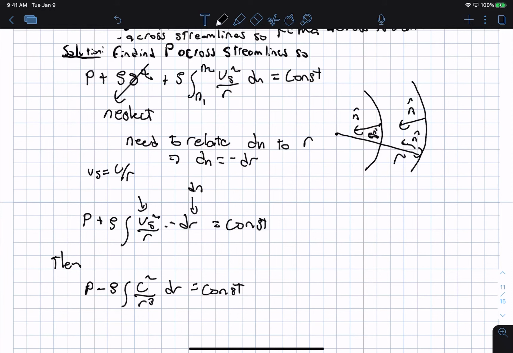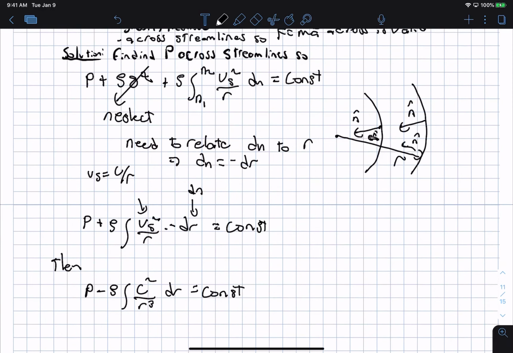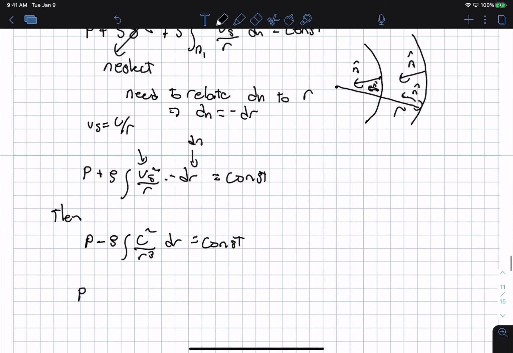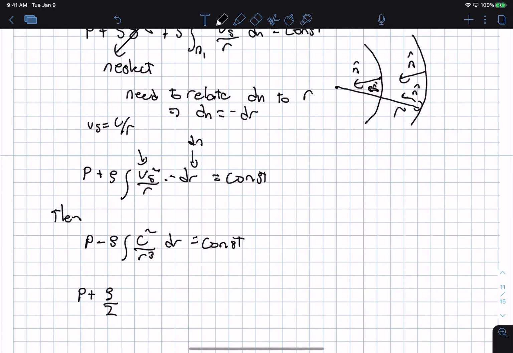All I did was take the expression for Vs and substitute it in there. So if I integrate this term here, I get that P plus rho over 2 times c squared over R squared is equal to a constant.